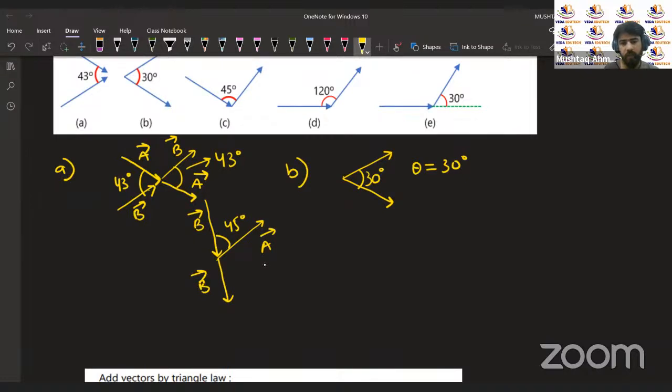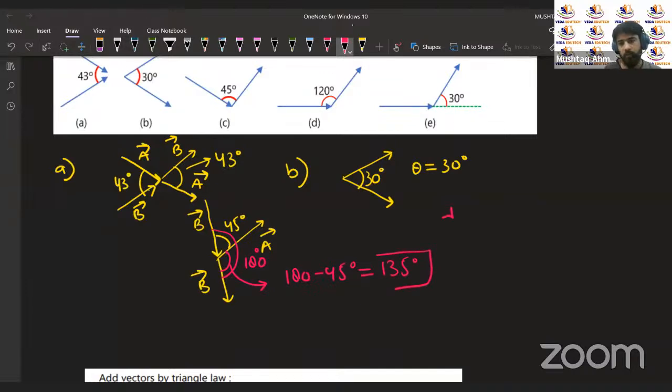If this angle is 45 degree, the total angle on a line is 180 degree, then the angle between the two vectors will be 180 minus 45. So it will come out to be 135 degree. So the angle between these two vectors is 135 degree.